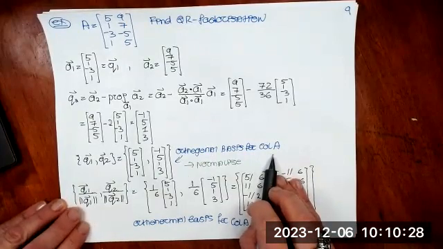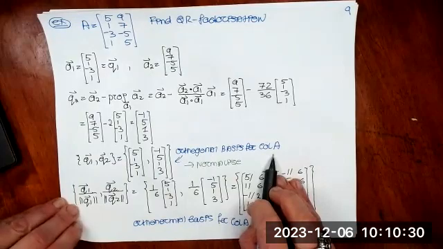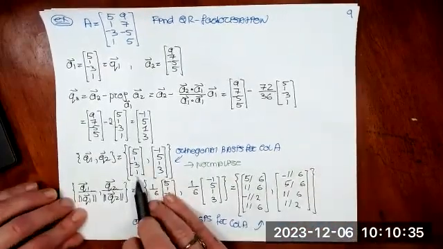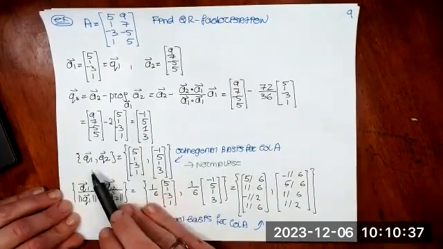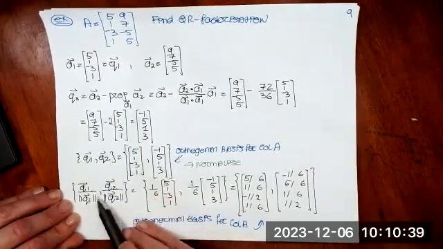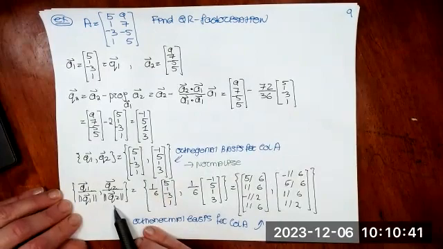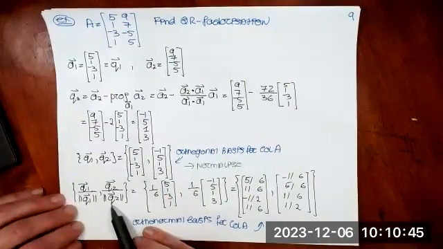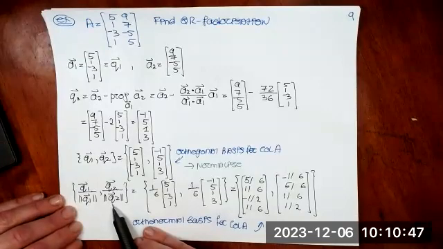But for QR factorization, I need an orthonormal basis. So all I have to do to convert this to orthonormal is take my Q1 and Q2 and divide them by their corresponding lengths, because then their magnitude would be equal to 1.